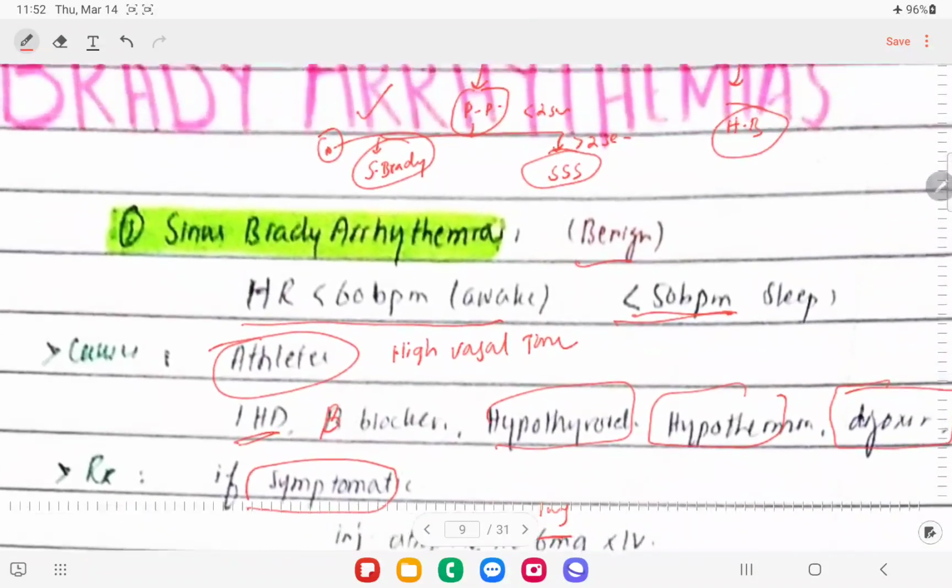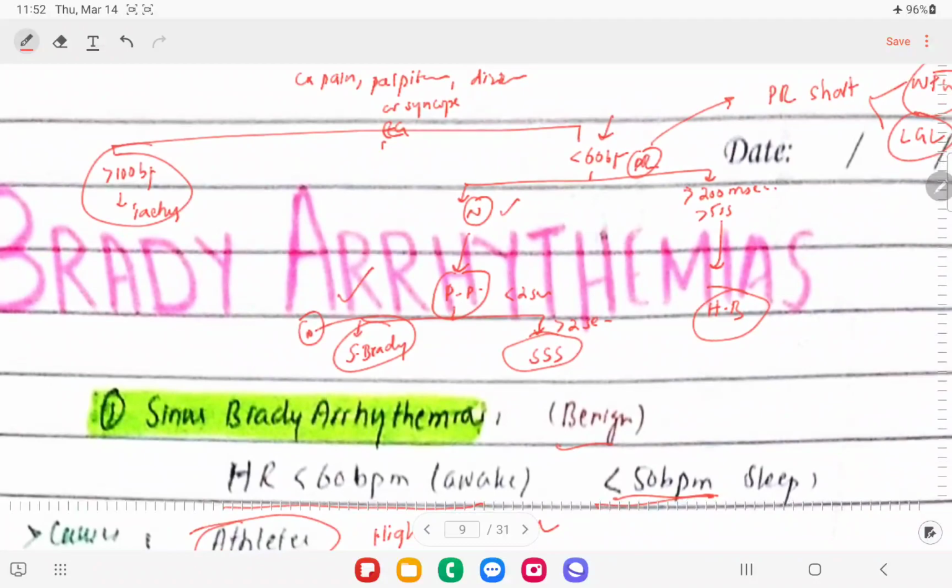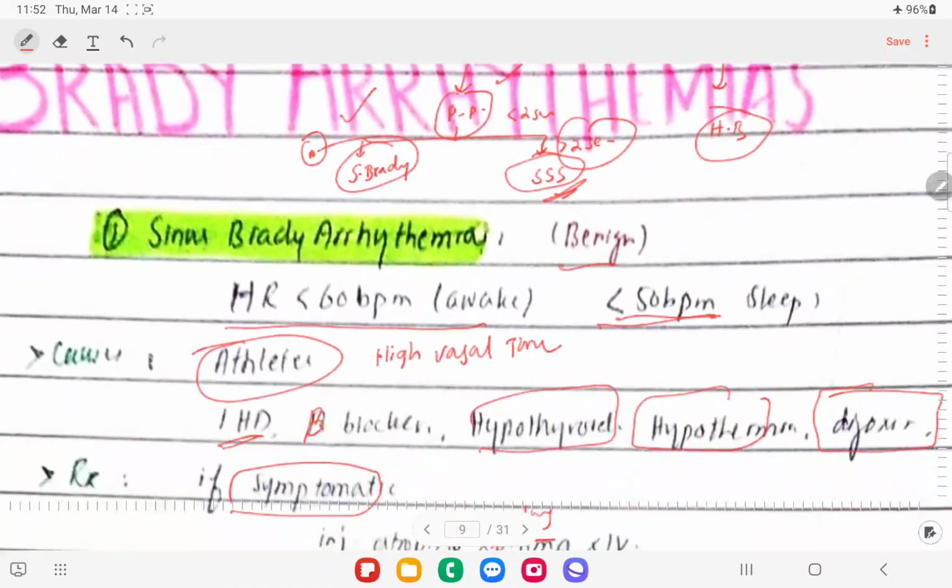The next thing is, let's come back again. If the PR interval is normal and the rate is less than 60 beats per minute, the next thing is to go for the PP interval. If it is more than 2 seconds, we label this patient as sick sinus syndrome.